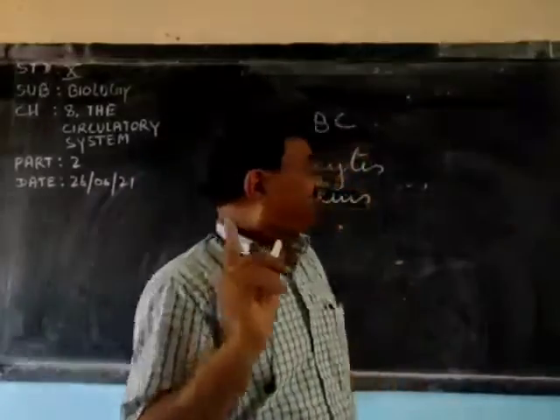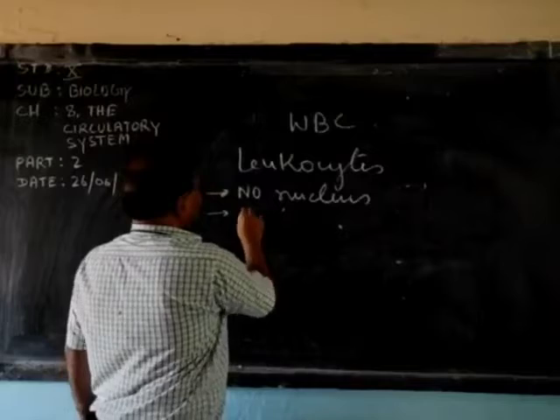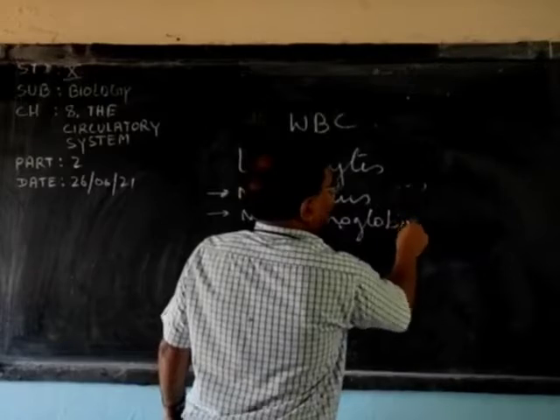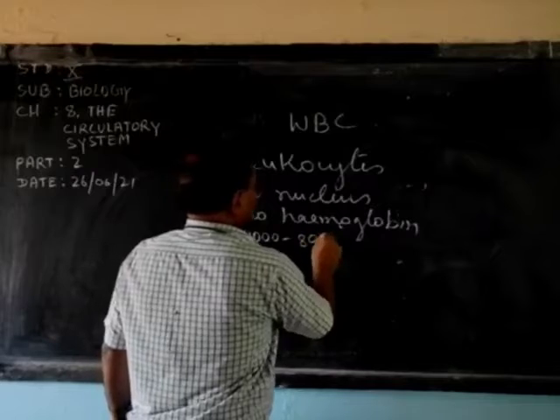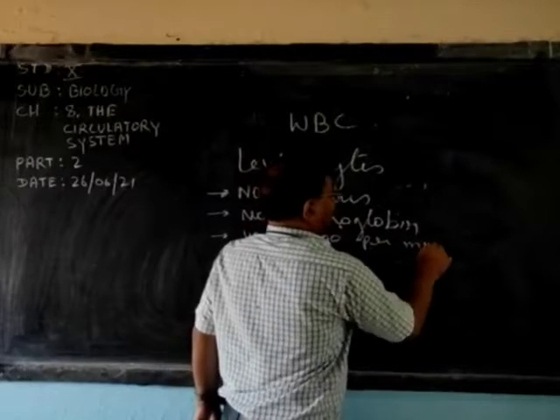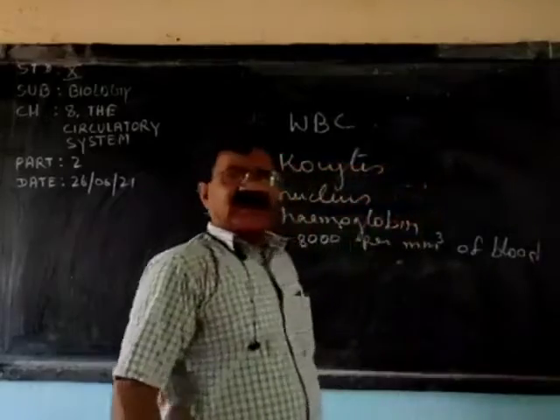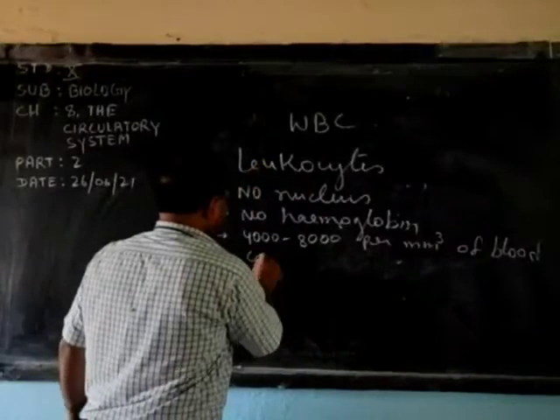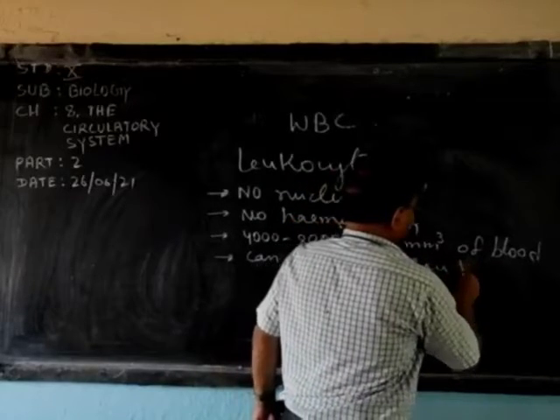Then it is not red in color, so no hemoglobin is there, and its number is 4,000 to 8,000 per millimeter cube of blood. Okay, it is amoeboid in movement, means it can produce pseudopodia, like amoeba.